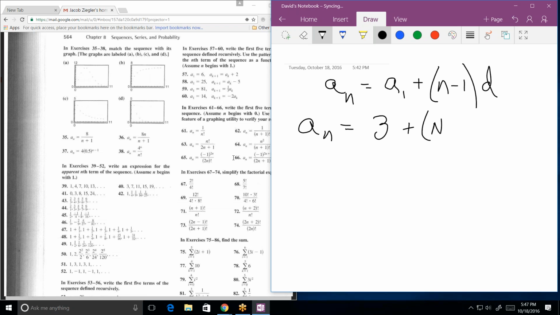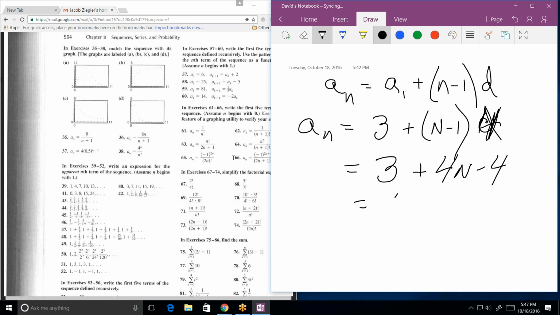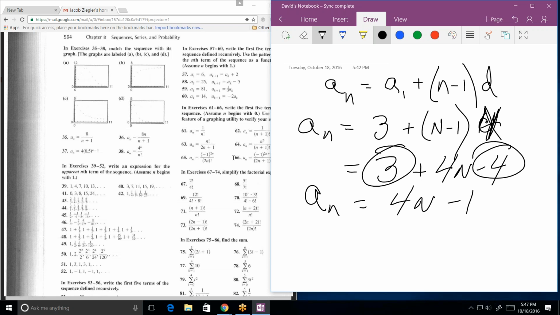And then your common difference is 4. So D is 4. Now, multiply that out, so you get 4n minus 4. Well, you get 4n minus 4, which converts to 4n minus 1 when you combine the 3 and the minus 4. Okay, so that's the nth term for that series.